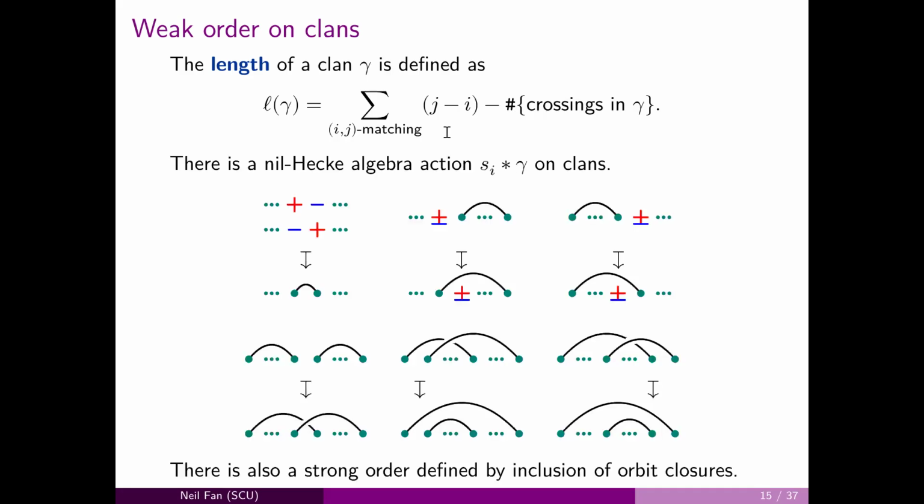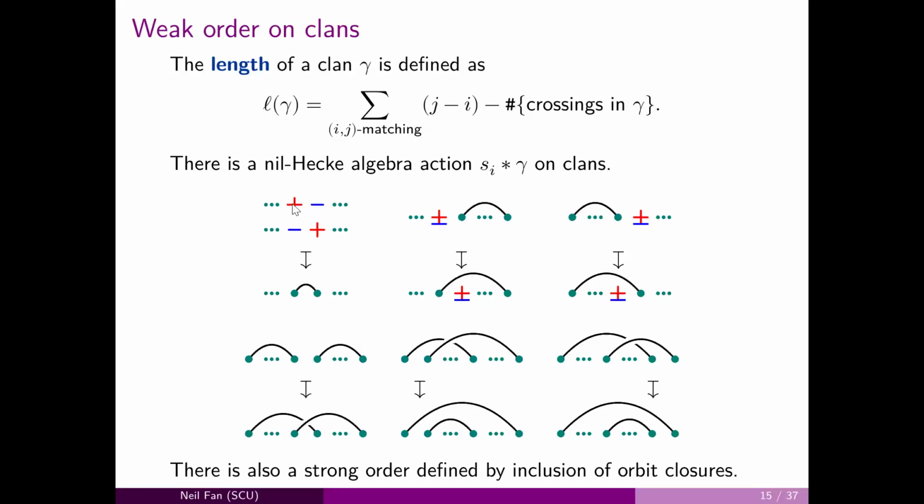So there is a Hecke algebra action on clans. There are 6 cases. For instance, for this case, the action of Si on gamma is just to interchange the 2 adjacent nodes.